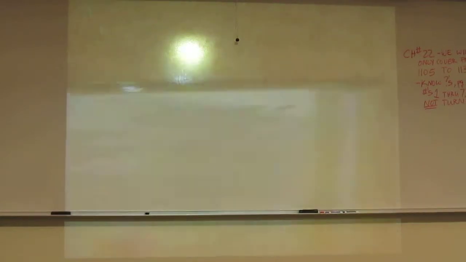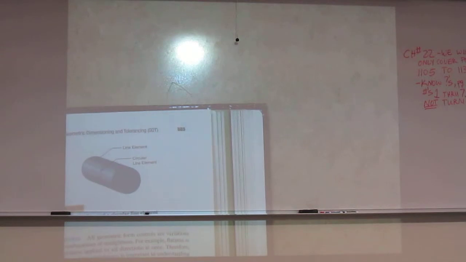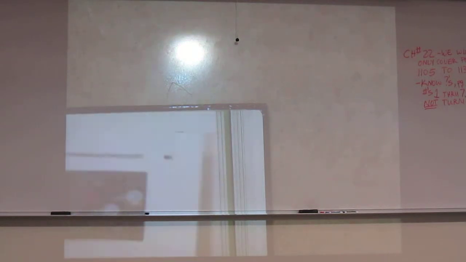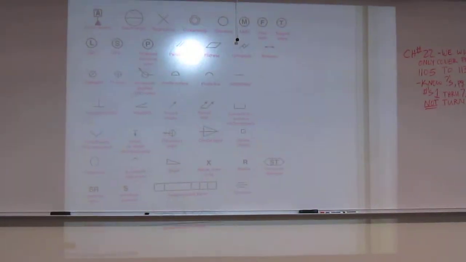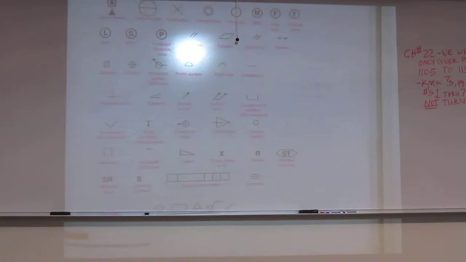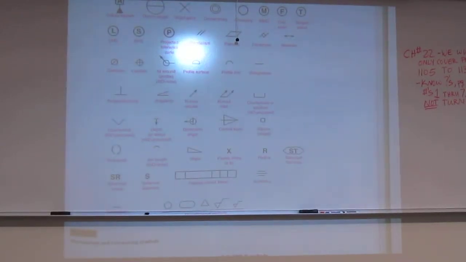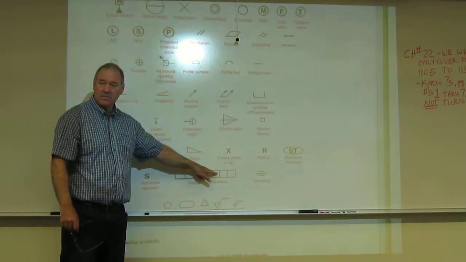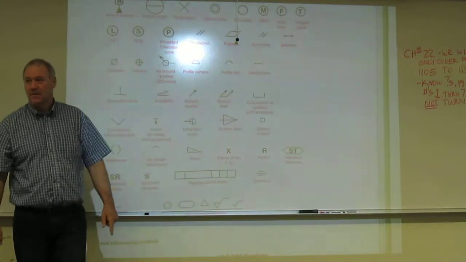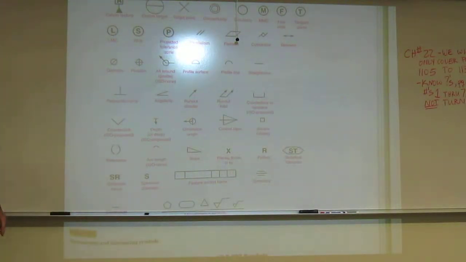To use GDT, I'm going to go to the correct page here. Page 877. So when we apply GDT, we use a feature control box right here. It has some components on it.